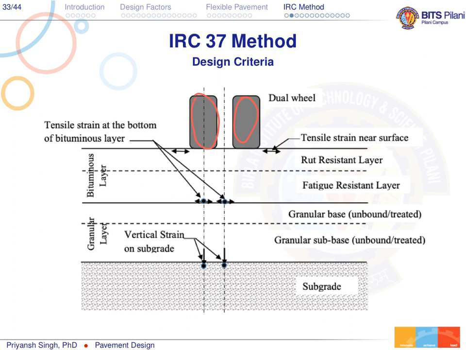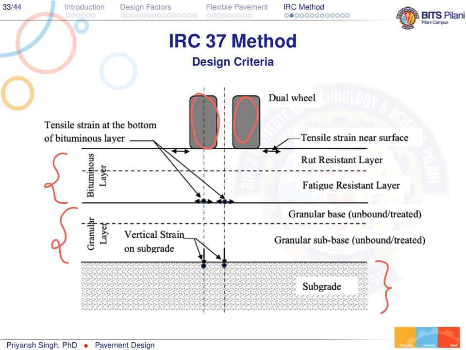The two main failure mechanisms we have already seen are fatigue and rutting, and fatigue occurs at the bottom of the asphalt layer. So in this pavement, this layer is made up of bituminous material, this is made up of unbound material, and this is your subgrade.